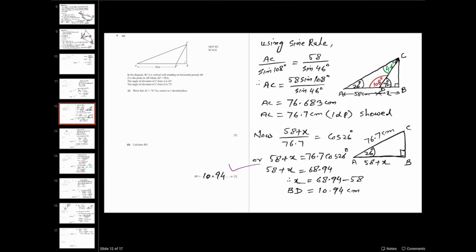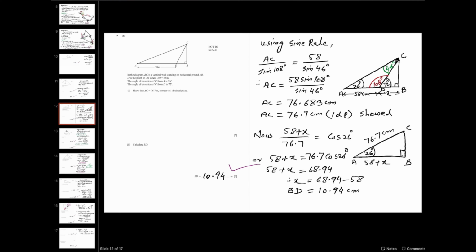The angle of elevation of C from A is 26 degree, and the angle of elevation of C from D is 72 degree. Show that AC is equal to 76.7 meter.